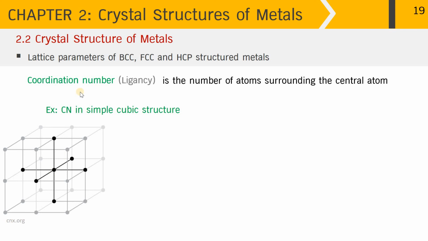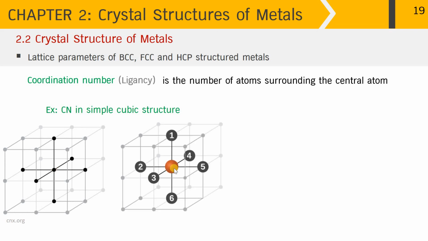For the definition, we have to find the number of atoms surrounding the central atom. So first we have to locate the central atom, which is the red one here. Now let's count the number of atoms surrounding it. 1, 2, 3, 4, 5, and 6. So the coordination number in the case of simple cubic structure is 6.